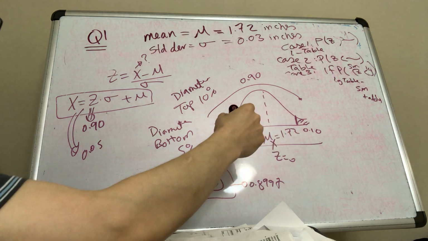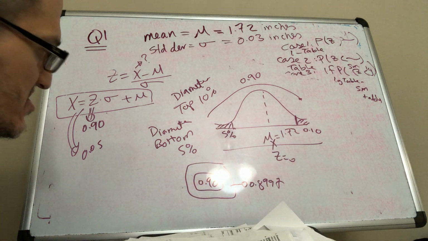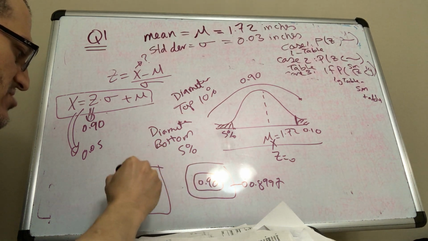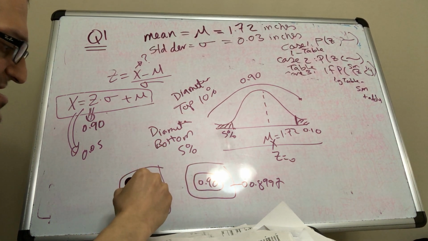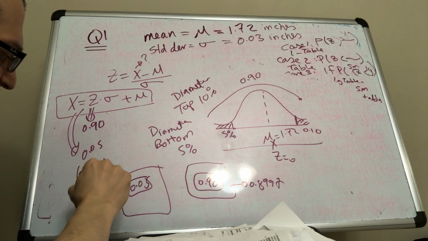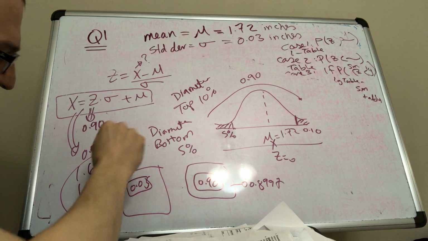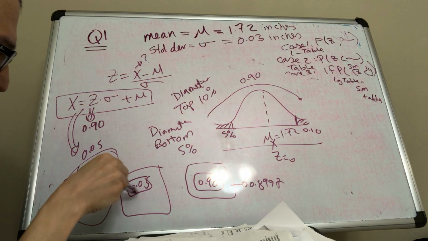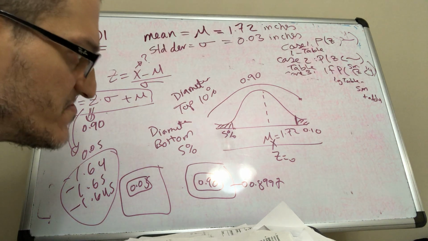But if it's already in the bottom, it's already on the left, so you don't need to do it. So you go to the negative table, you look for the closest to 0.05, and you'll end up with something like 1.64, 1.65, or 1.645. These numbers are the closest, but of course negative, because all the numbers we get from this would be negative.